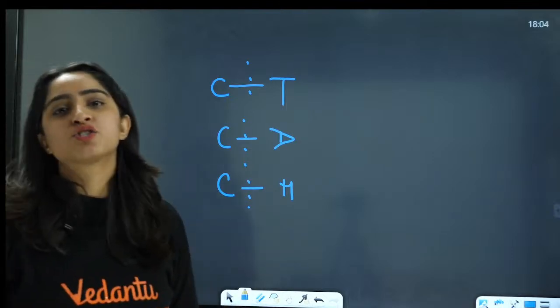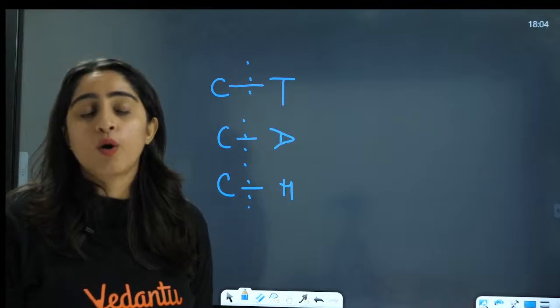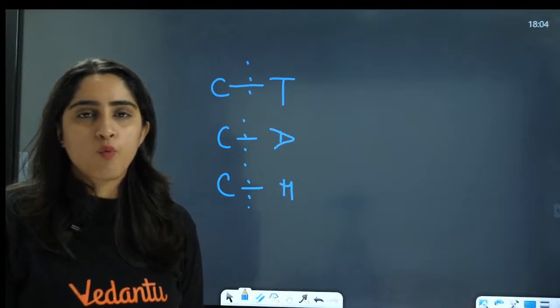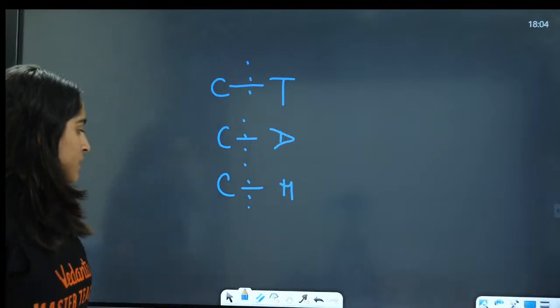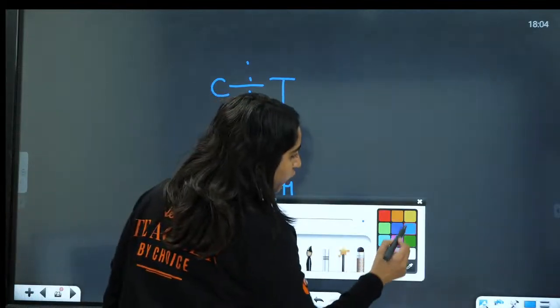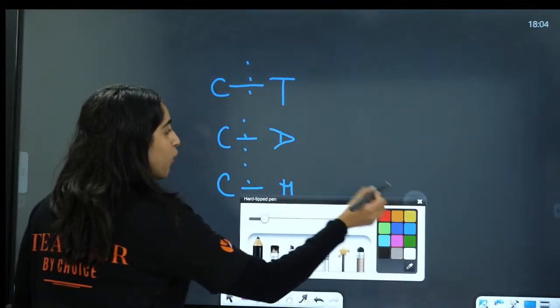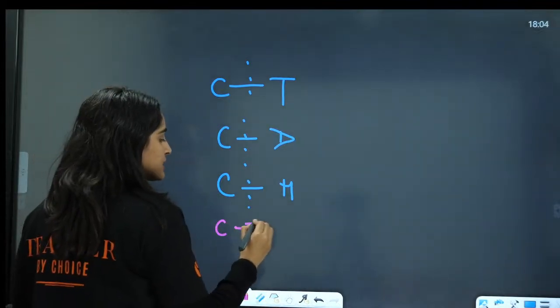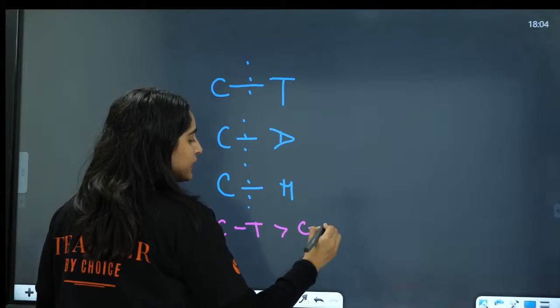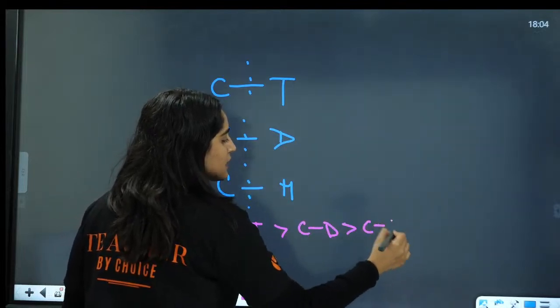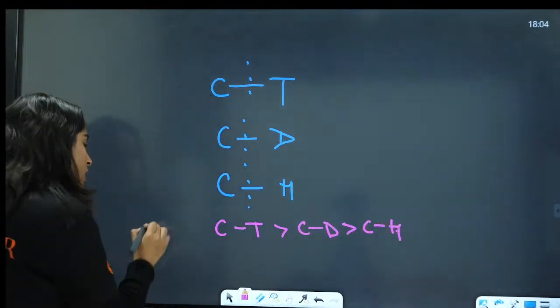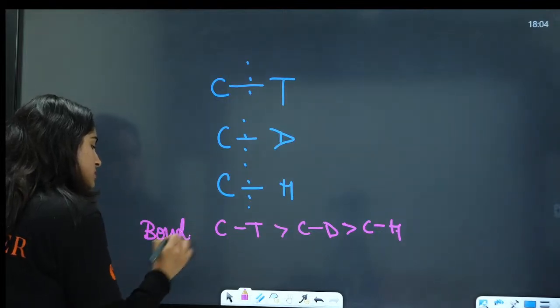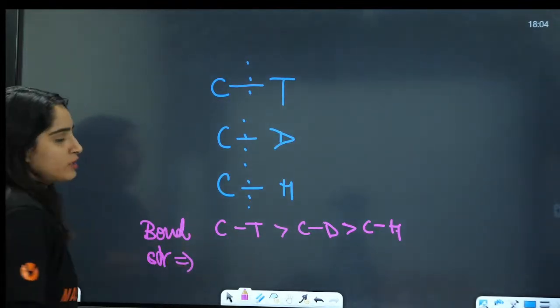So what is the bond strength of these 3 bonds? The bond strength order is CT, then CD, then CH.